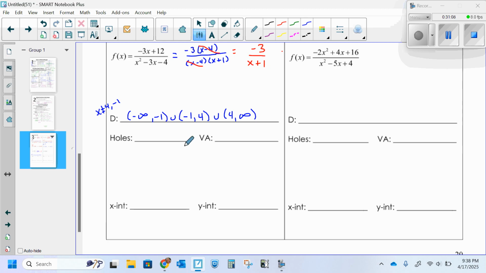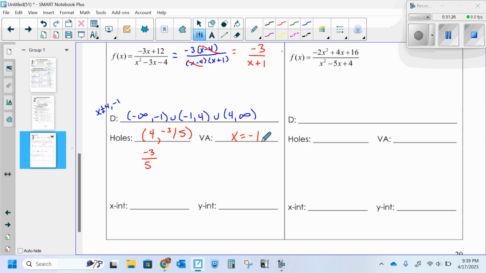Okay, that means we have a hole at 4 something. Take that 4 and plug it in here, so that's going to be a negative 3 over 5. Vertical asymptote is at x equals negative 1.